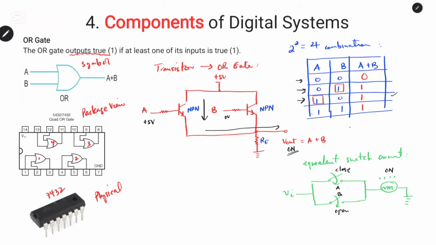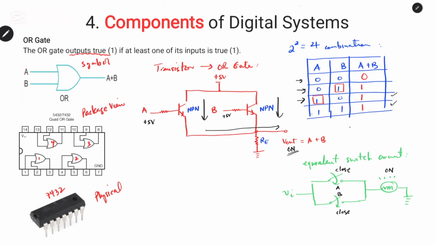And finally, if we have both the inputs having 5 volts, that means both the switches are closed, therefore the current will flow in transistor A and transistor B to reach the output, so the output will also be 1. This is how they design the OR gate.